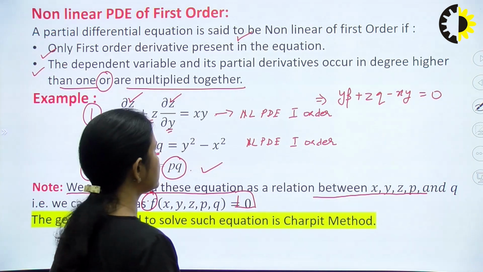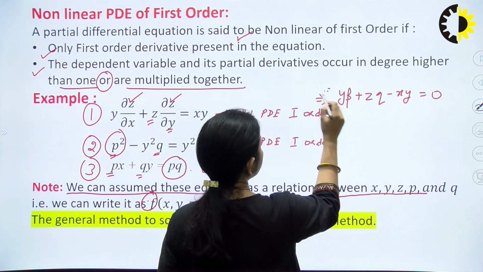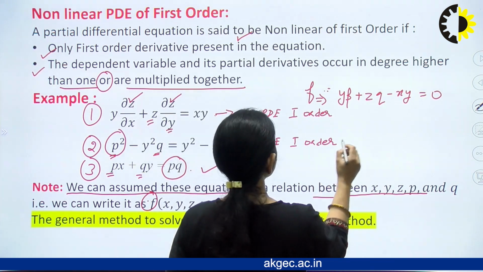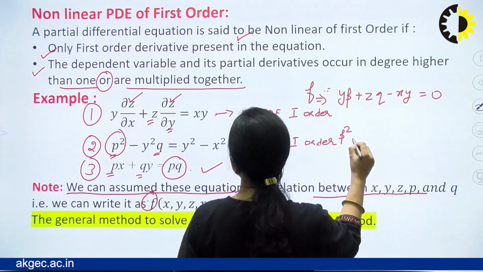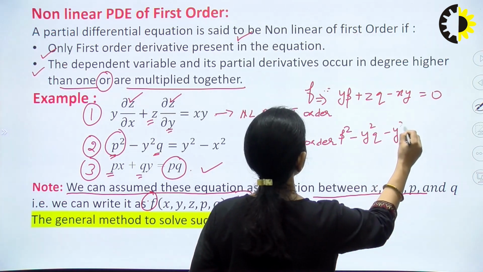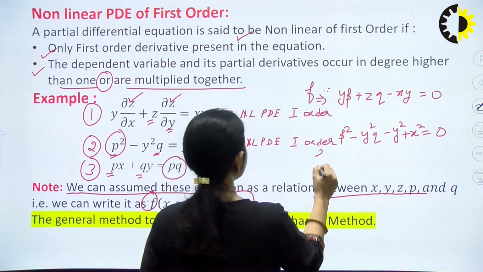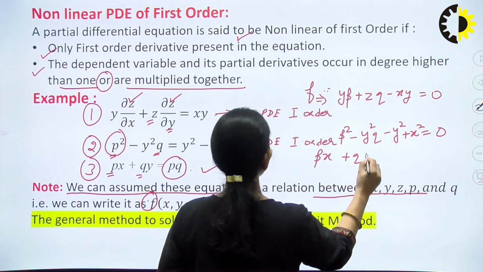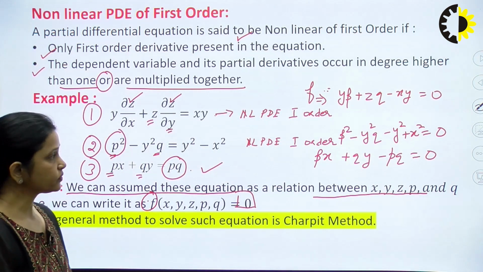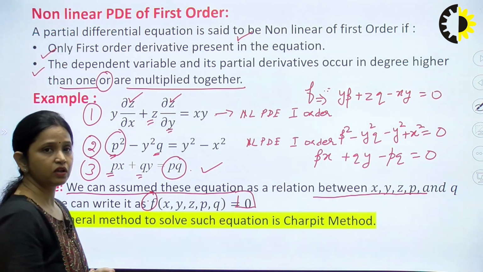Then the expression on the left hand side is denoted by f. Similarly, the second equation can be written as p squared minus y squared q minus y squared plus x squared equal to 0. The third equation can be written as px plus qy minus pq is equal to 0. So we can always write such type of equation in the form f is equal to 0.